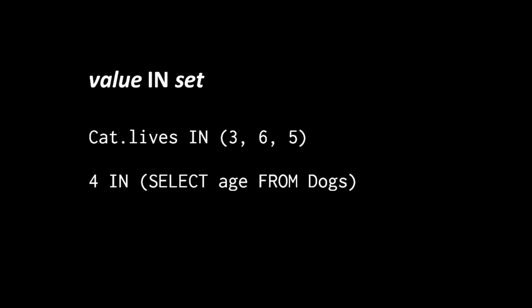In our second example here, we're expressing the value not as a column name, but as just a fixed value, the value 4, but we're expressing our set not as a fixed set of values, which we write ourselves in the code, but as a subquery. It's a select statement which is returning a table with a single column, the column age from the table dogs. And so this in operation here will evaluate to true if the value 4 is found in the column age of the table dogs.